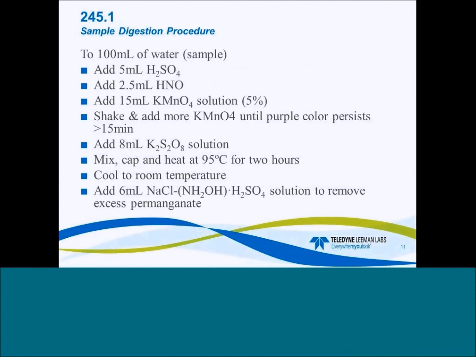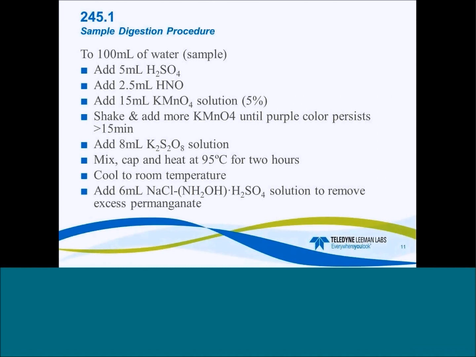The digestion in detail from the method itself requires strong acids, sulfuric and nitric acid, and strong oxidizers such as potassium permanganate and potassium persulfate. Once those are added to your water sample, they're mixed and heated for 2 hours minimum at 95 degrees, then allowed to cool.